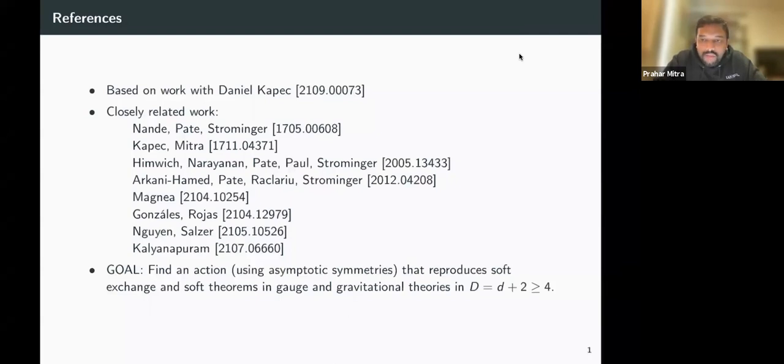People are looking at that, but we haven't really found anything yet. So we're using more of a bottom-up approach. We try to construct the action using symmetries to the extent that we can. So what I'll do today is construct at least part of the action. Of course, the action is complicated and contains a whole bunch of fields. So I'm going to construct just a small part of it, the part that reproduces soft exchange and soft theorems in all gauge and gravitational theories.